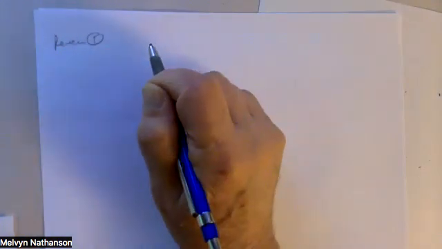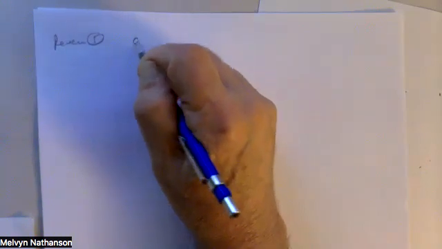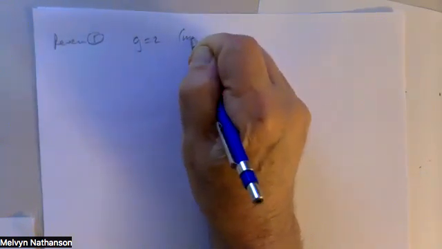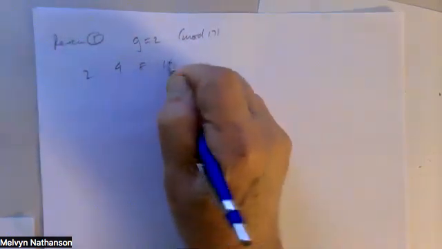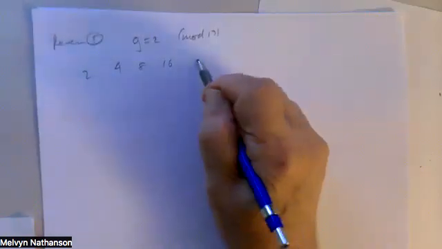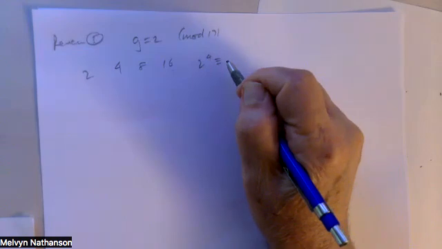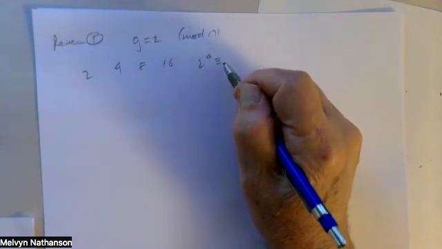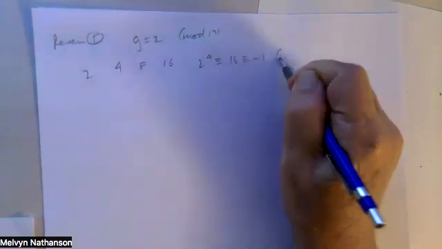So review problem 5. So suppose I take g equal 2 mod 17. So what are the powers of 2? 2, 4, 8, 16. 2 to the 4th is 16, which is minus 1 mod 17.